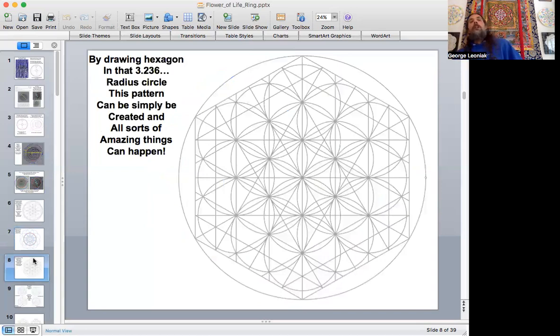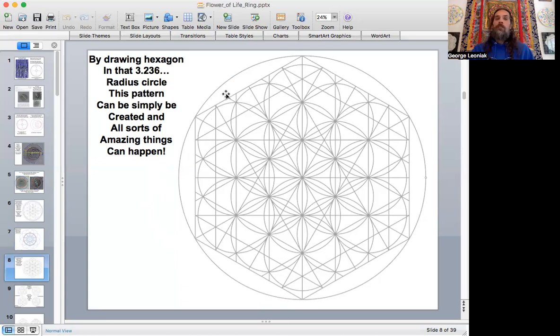So here it is again, and this time I'm going to add some lines to what is normally given to you in the flower of life construction. If you just drew the flower of life and started making the hexagons and the different stars possible in here, normally we stop right at the node points.